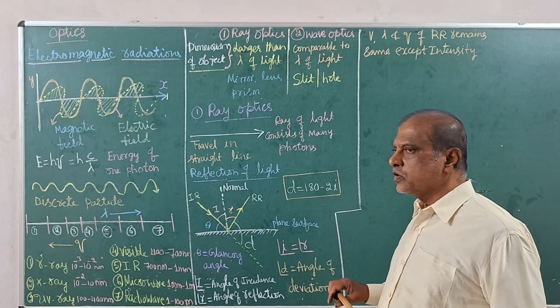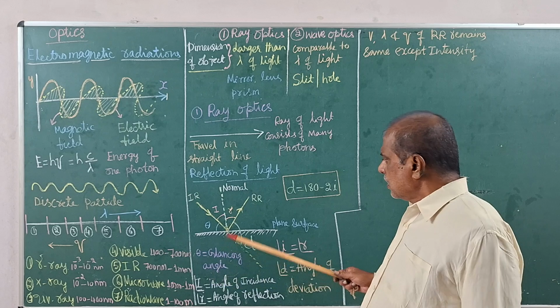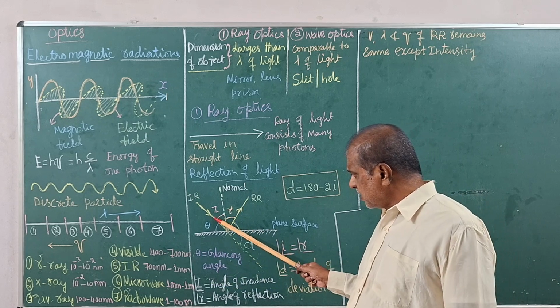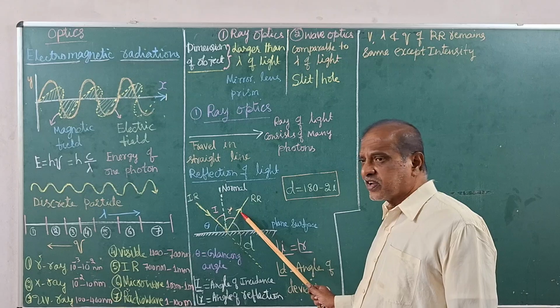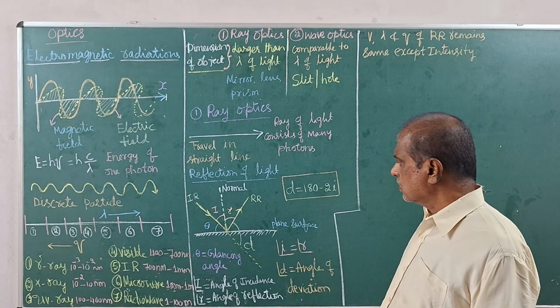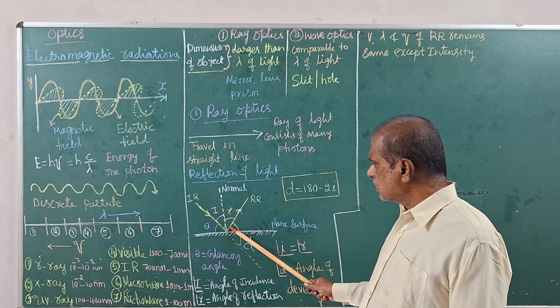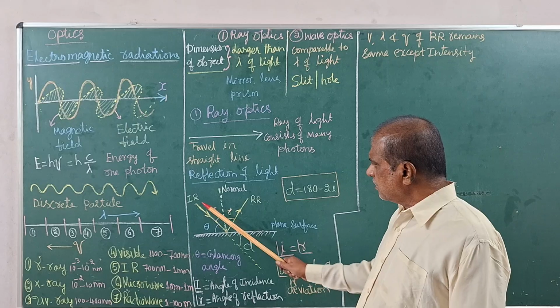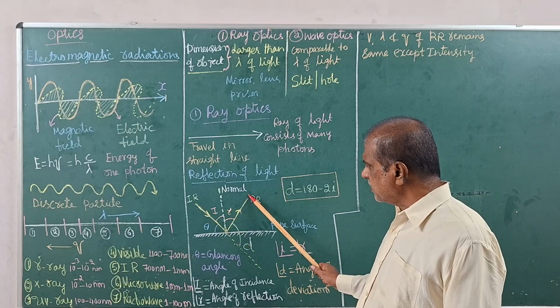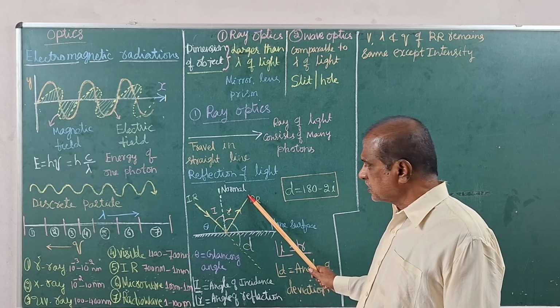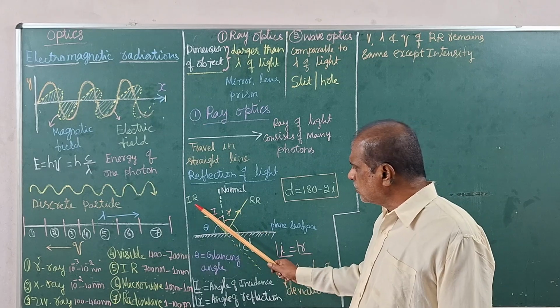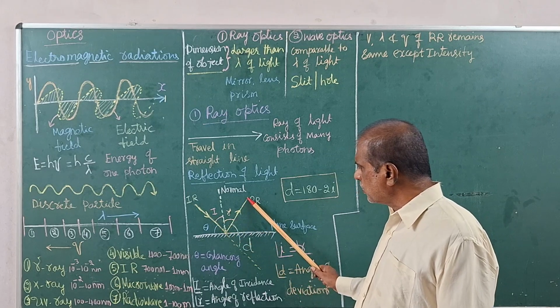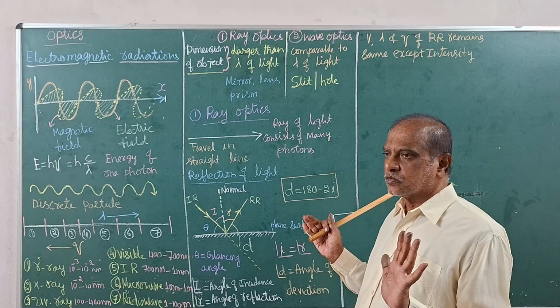One more thing I need to stress. Between this ray and this ray, the incident ray and the reflected ray, what difference is there? Here the velocity of the light remains the same, no change in velocity on reflection, and even the wavelength of all the photons has no difference.